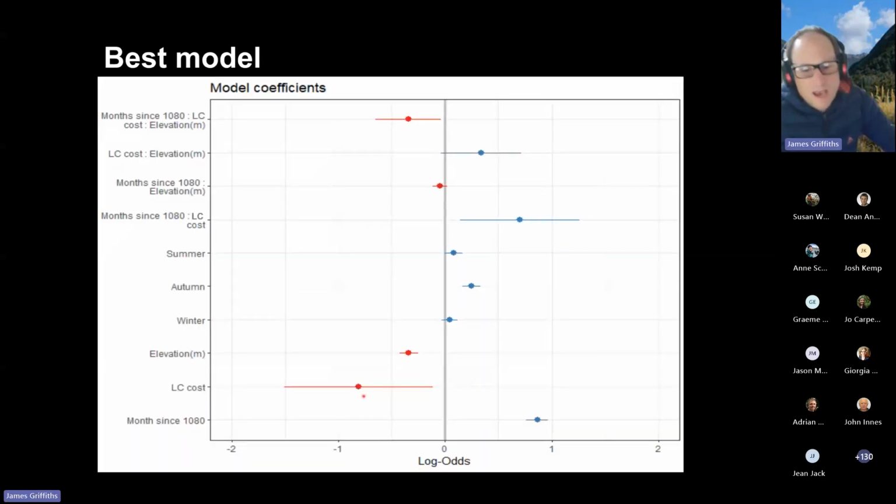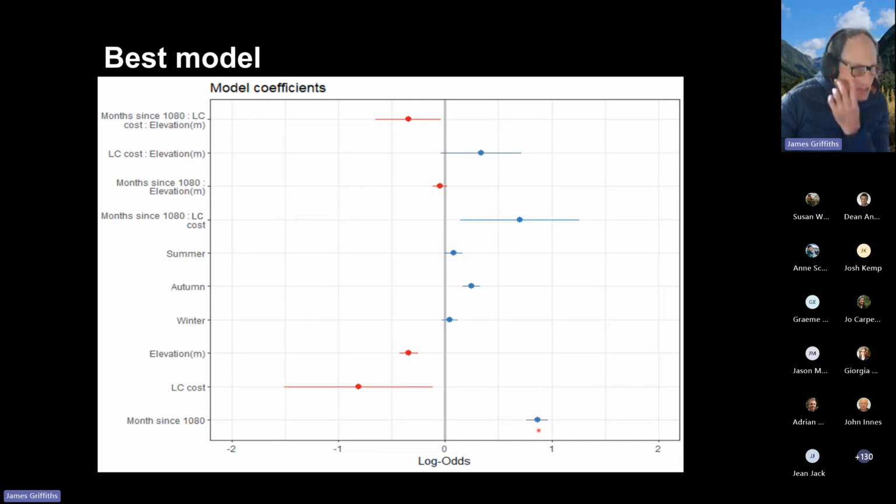And just to show that in graphical terms, these are the model coefficients. Just ignore the three-way or two-way interactions at the top here, and just focus on the coefficients for the individual terms. So as you'd expect, months since treatment predicted higher tracking rates.